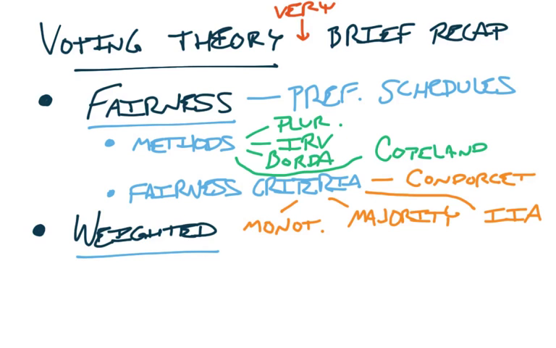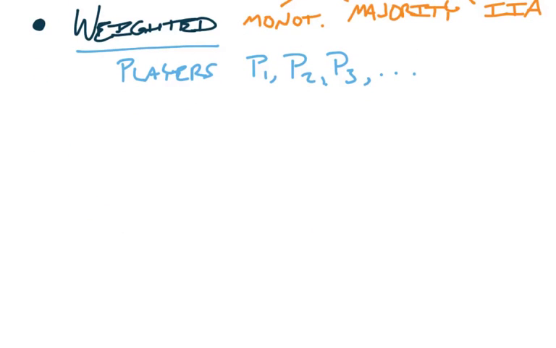And remember that we call the voters players, and we denote them by P1, P2, P3, and so on. And each of the players has a weight, which is the number of votes that they actually hold. And we call those W1, W2, W3, and so on.